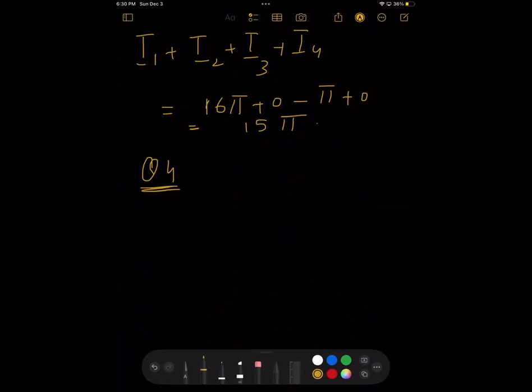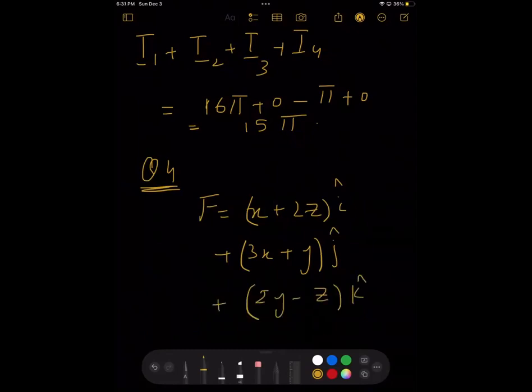So our F is x plus 2z with i unit vector plus 3x plus y with j unit vector plus 2y minus z with k unit vector. C is the curve of intersection of the plane x plus y plus z equals 1 with the coordinate planes.